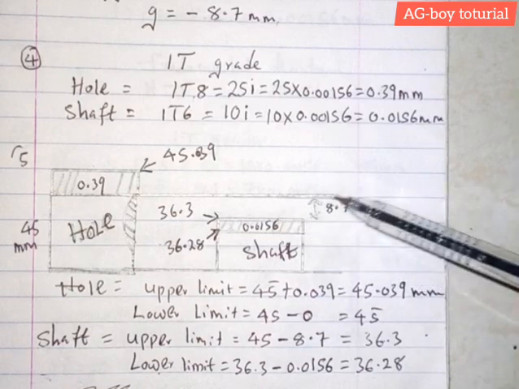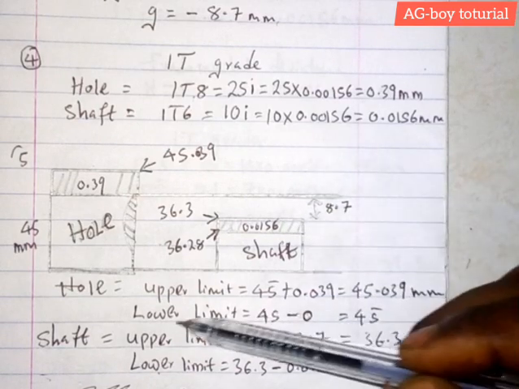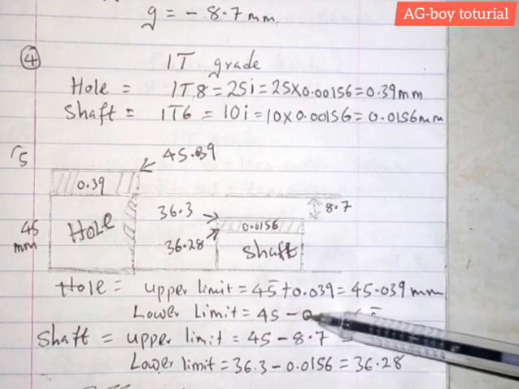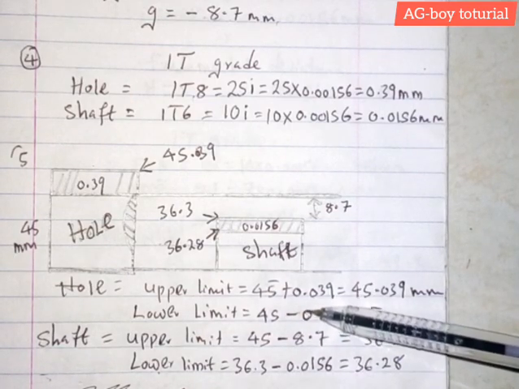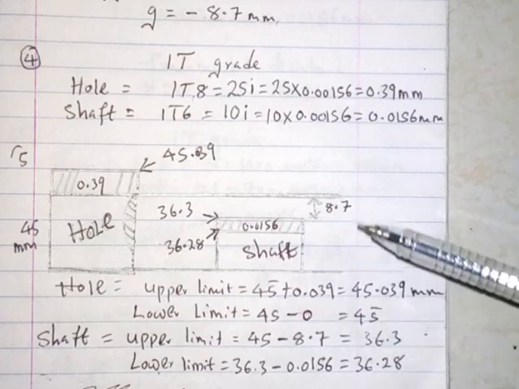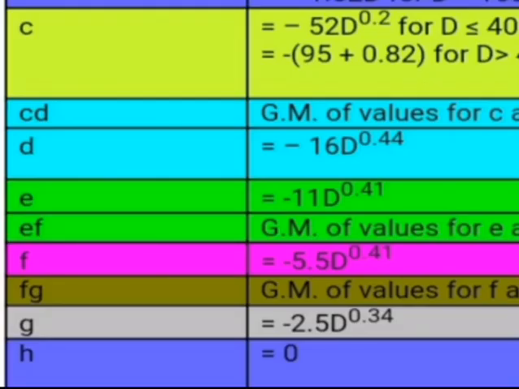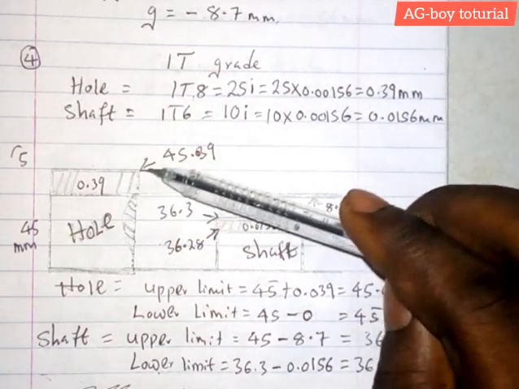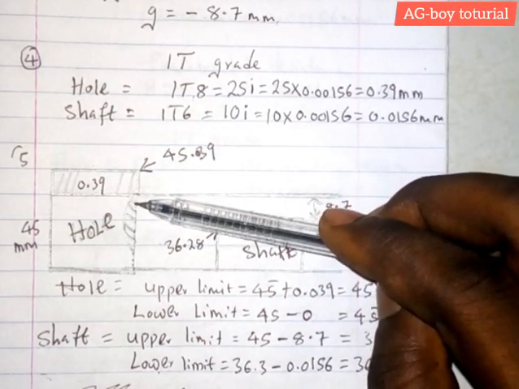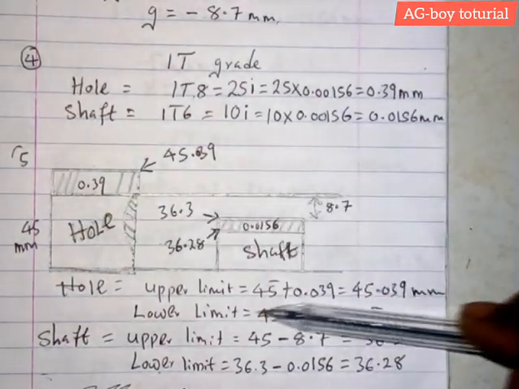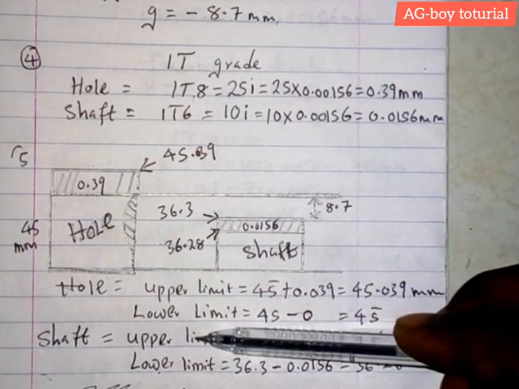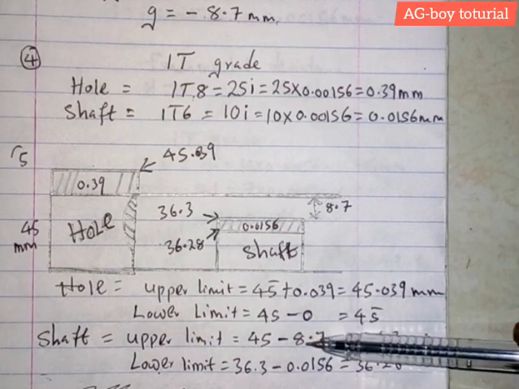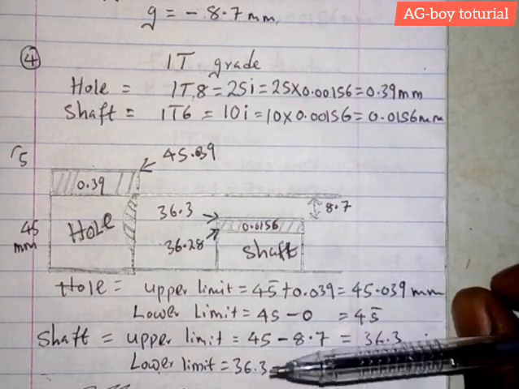Okay, let's go further. Lower limit is equal to 45 minus 0. Now this 0 here is our fundamental deviation for our H. Our H is 0. So it is going to give us 45. It's used to find the tolerance below the basic size if it's for the hole. That is the fundamental deviation. Then for the shaft, our upper limit is equal to 45 minus 8.7.